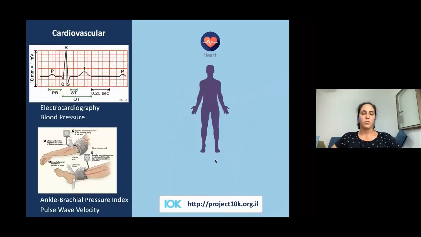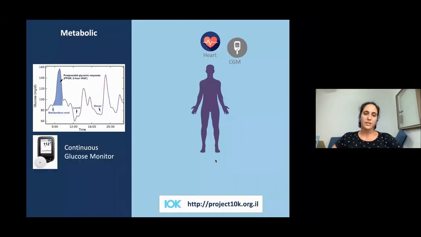Each individual in our cohort goes through heart tests such as EKG, other blood tests, and blood pressure tests. They're connected to a continuous glucose monitor for the term of 2 weeks, where every 5 minutes their PPGR is tested.